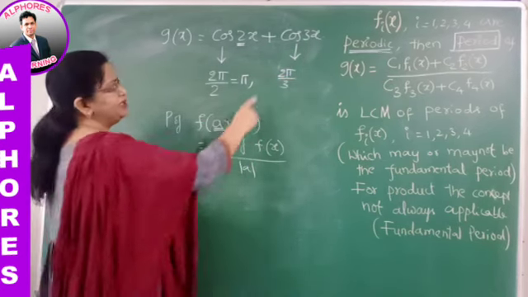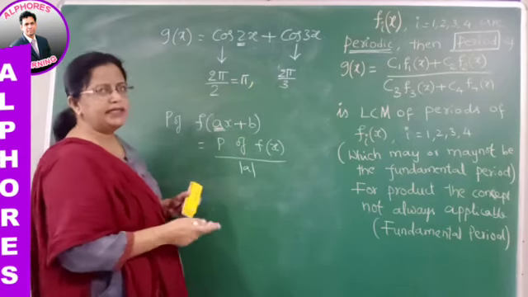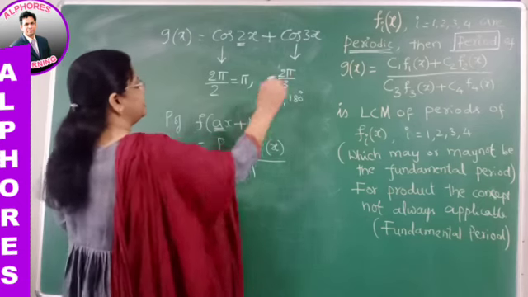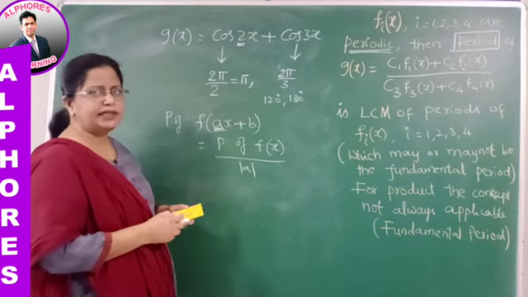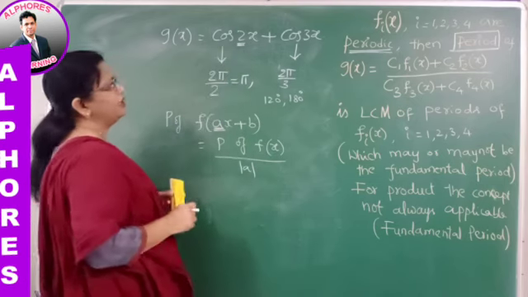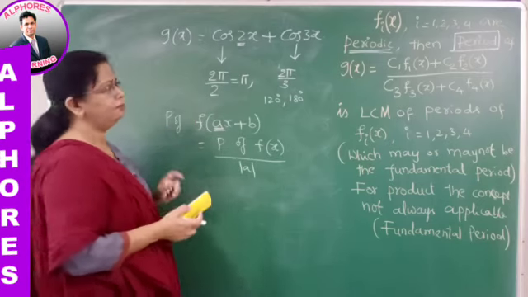So you know this is 120 degrees and this is 180 degrees. Then what is the LCM of 120 degrees and 180 degrees? The LCM obviously is 360 degrees, that means 2 pi. Therefore, for this function 2 pi is the fundamental period.